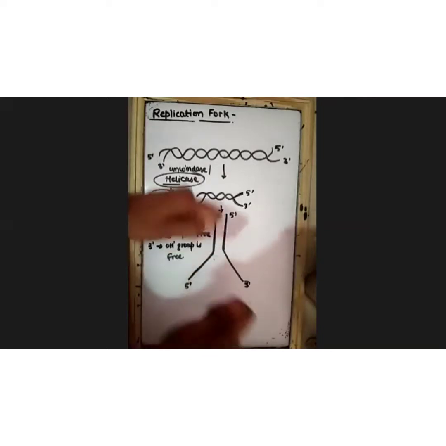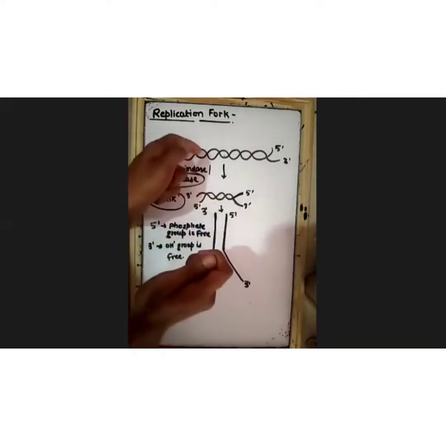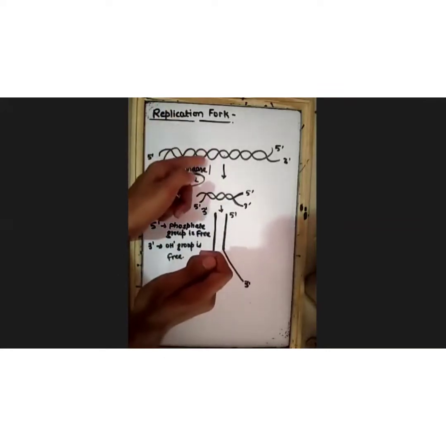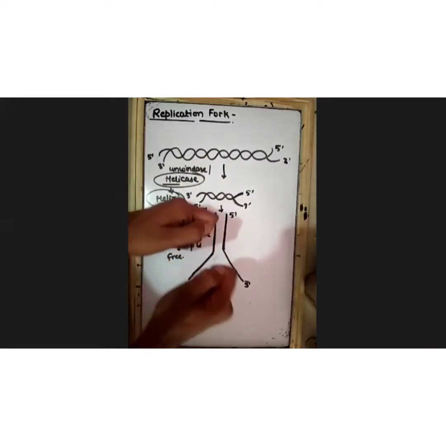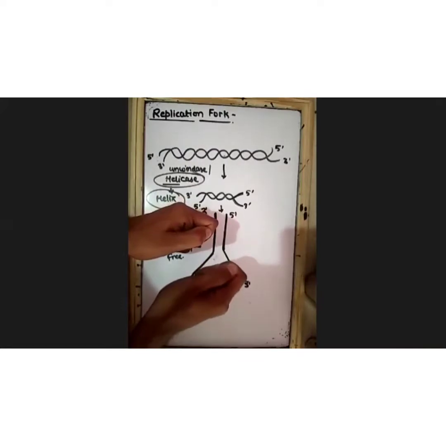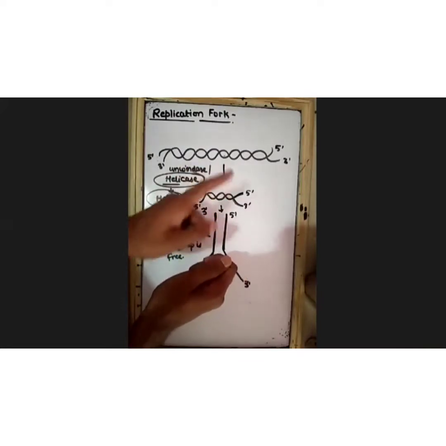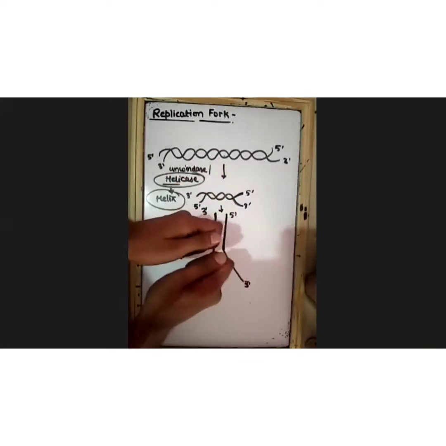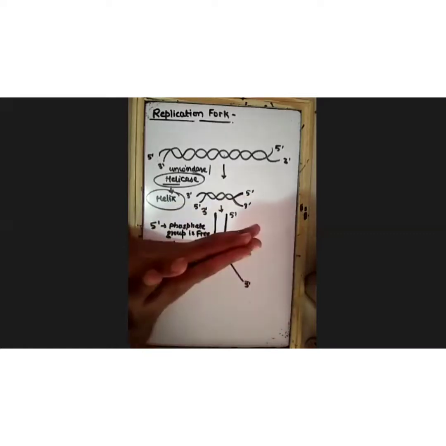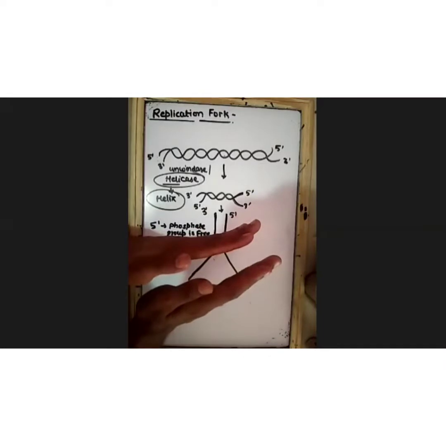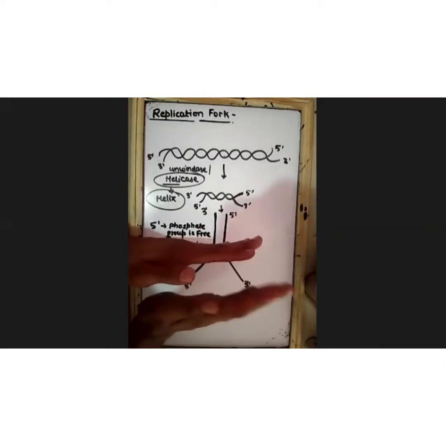If you have two ropes coiling like this and you try to separate them, then they will try to come again to their primary position. So we have to protect it from this.